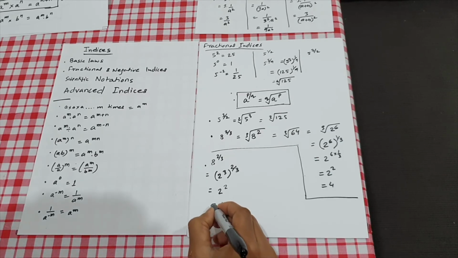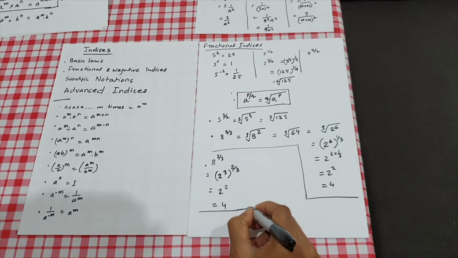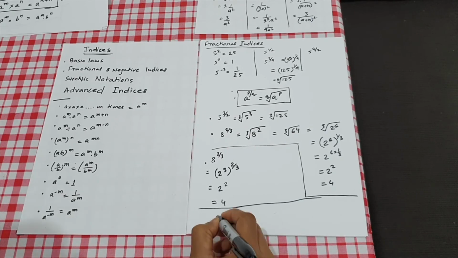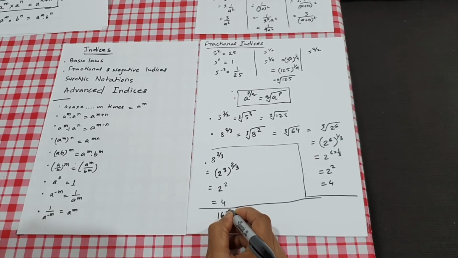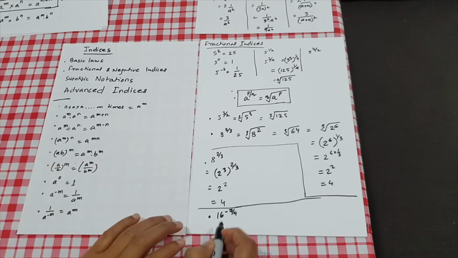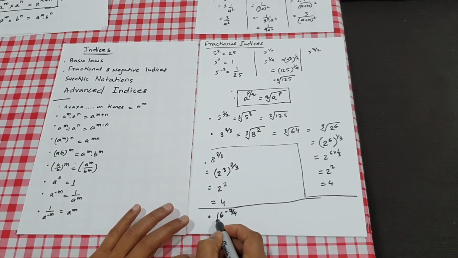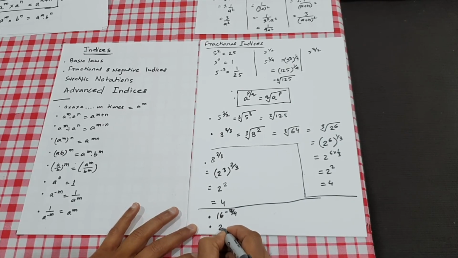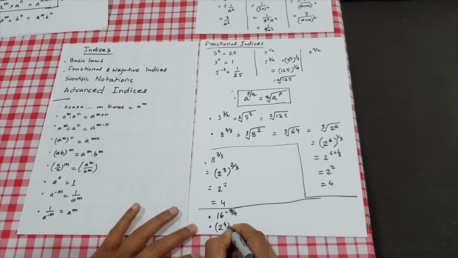We will take one example that brings negative index and fractional index together. Okay. So let's say you have something like 16 to the power minus 7 by 4. We can use this process because 16 we know can be factorized as a power of 2, and let's see whether it is useful. 2 to the power 4 is 16, to the power minus 7 by 4.